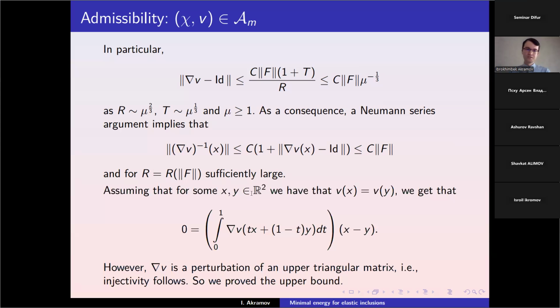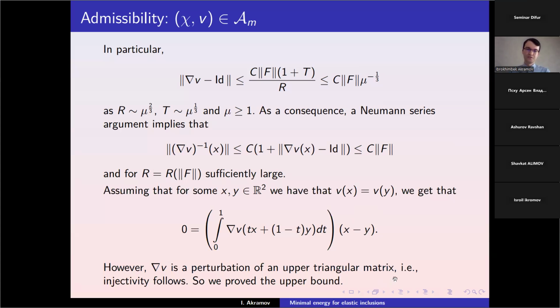So assume that Vx is equal to Vy for some x and y in R². After using the fundamental theorem of calculus, we get that the integral from 0 to 1 of nabla v(tx + (1 - t)y) dt, times (x - y), is equal to 0.